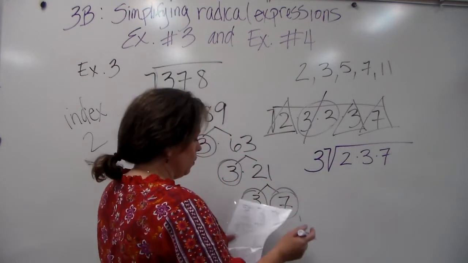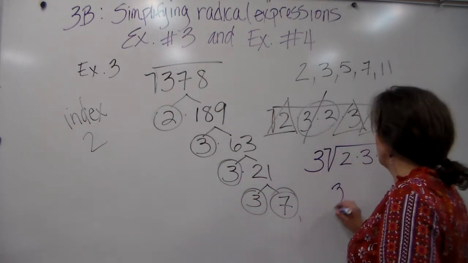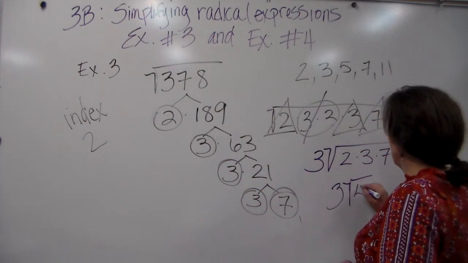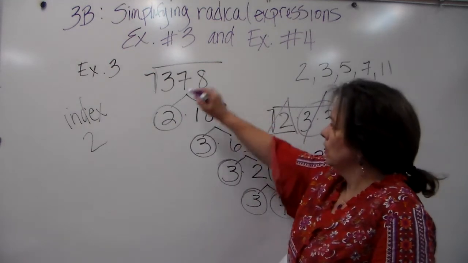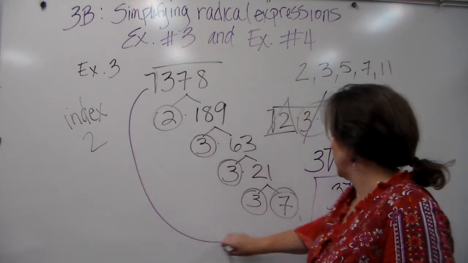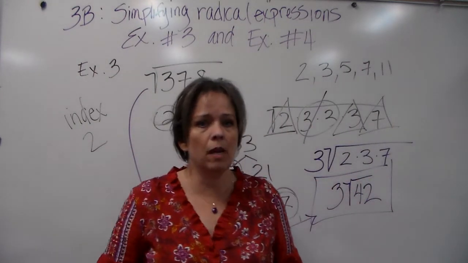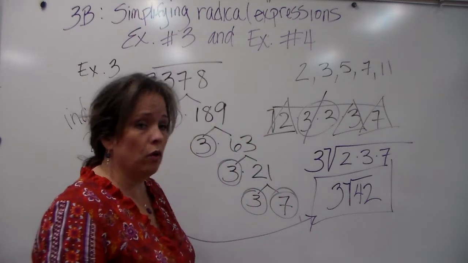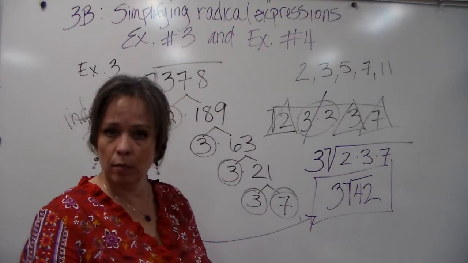And we know that 2 times 3 is 6 times 7 is 42, so our answer will be 3 root 42. So our square root of 378 simplifies to 3 root 42. And this is going to be an important skill when we move into our radical expressions, okay? So that's how it simplifies.